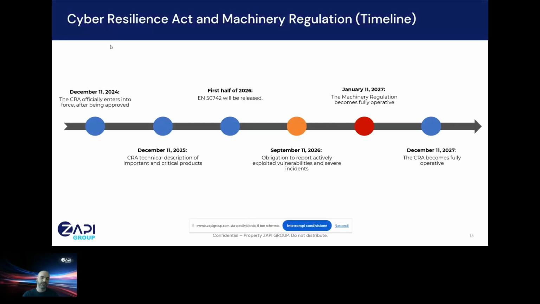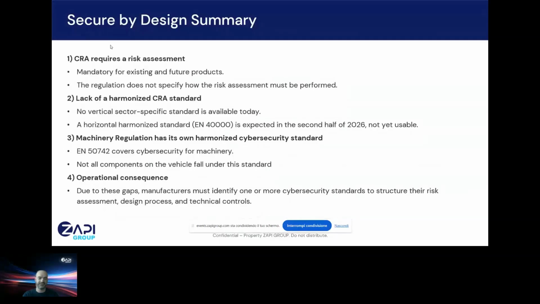So just to summarize what we have said until now regarding the Cyber Resilience Act and the machinery regulation: the Cyber Resilience Act requires introducing the security by design approach, starting from the risk assessment, without providing a harmonized norm that can help the manufacturer implement cybersecurity in their product. There are some horizontal standards at the moment, but they will be released in the next months, so at the moment they cannot be used.